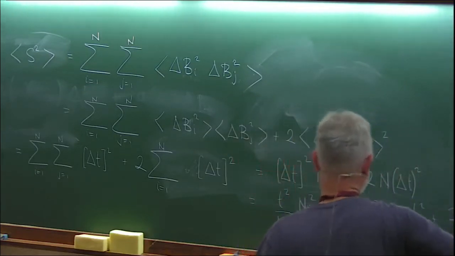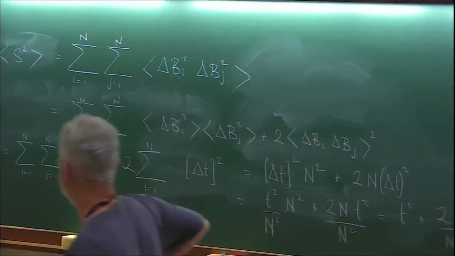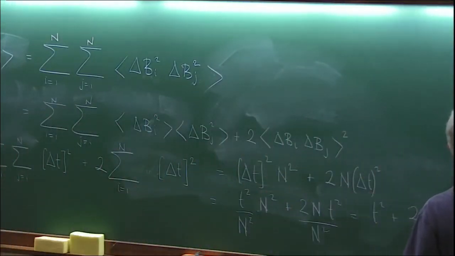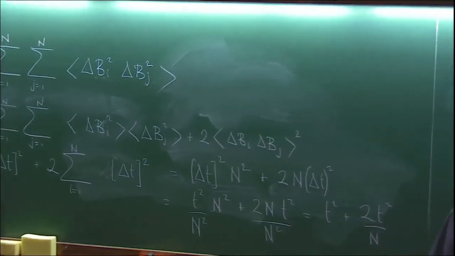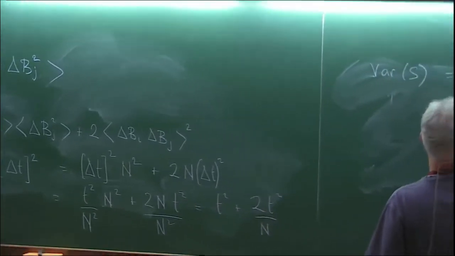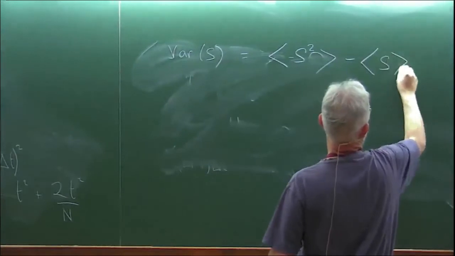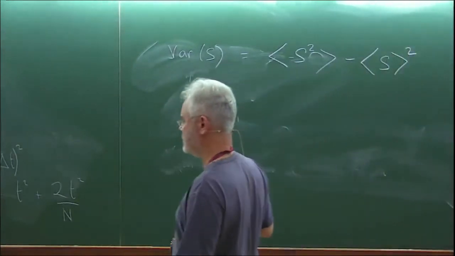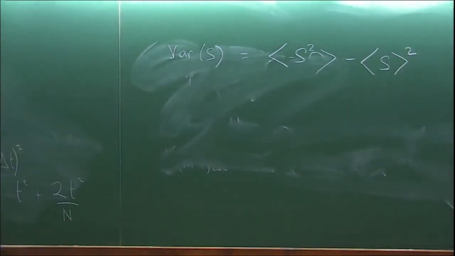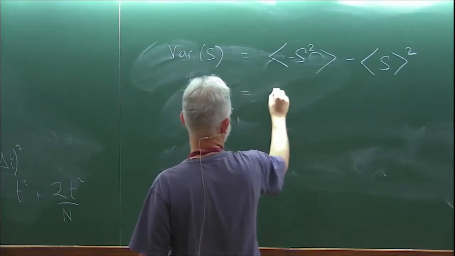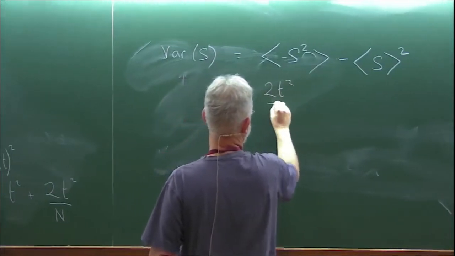Okay? So if I'd already calculated the average value of S, you remember the variance of S is equal to the expected value of S squared minus the average value of S all squared. So you can see that this term here is going to cancel with this term here. So we're actually going to get 2t squared divided by n.